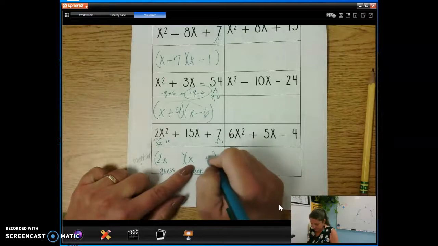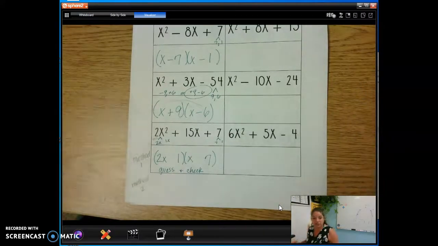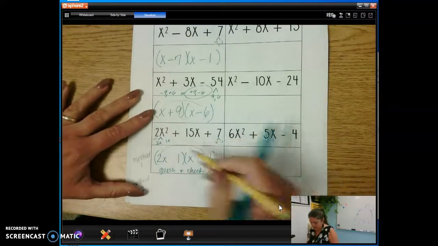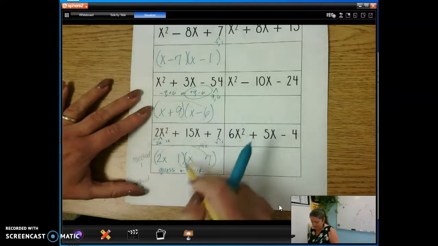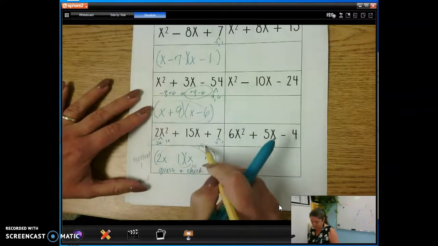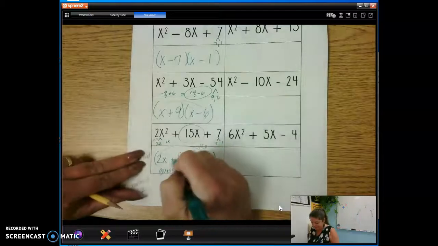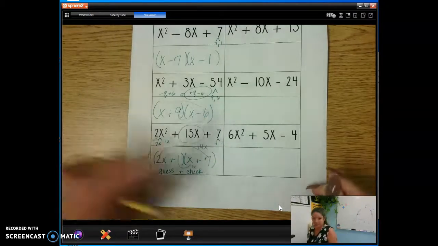If I put the 7 here and the 1 here, and I go to check my FOIL, 2 and 7 is going to give me a 14x. 1 and x is going to give me a 1x. And 14 plus 1 gives me that 15. So I guessed correctly.